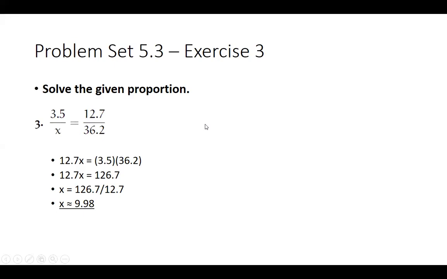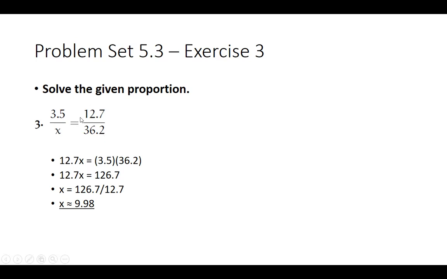We're getting trickier. We have decimals all over our proportion in number 3. 3.5 over x equals 12.7 over 36.2.